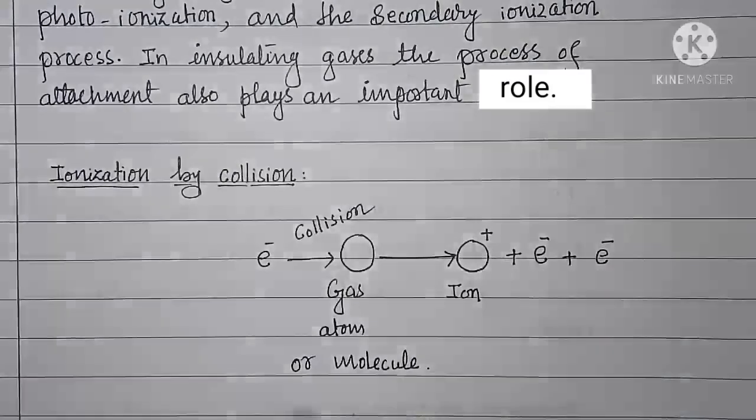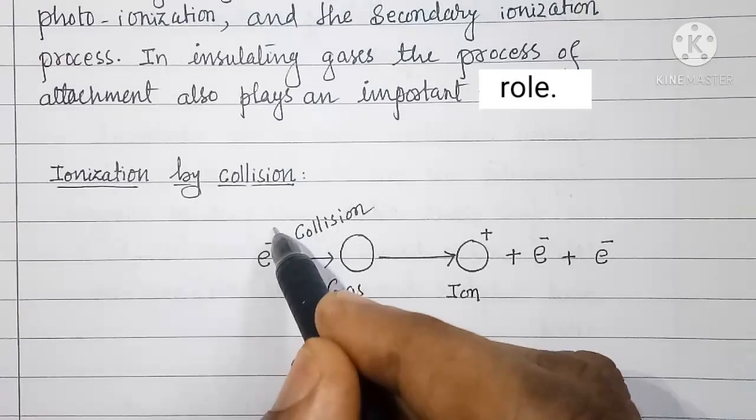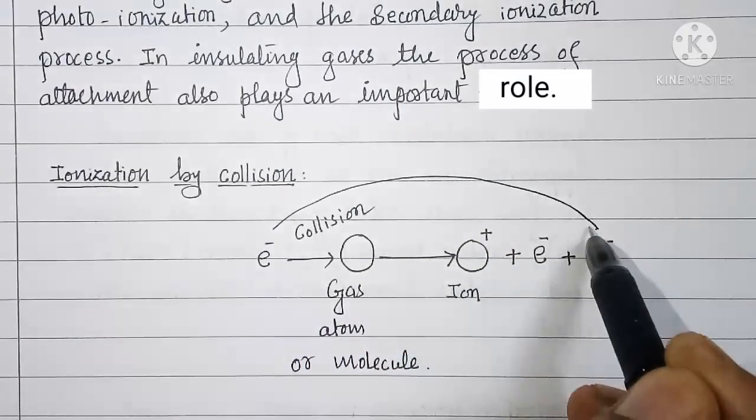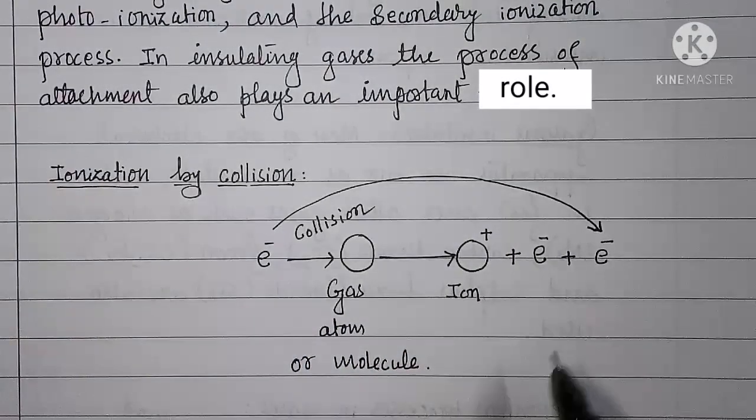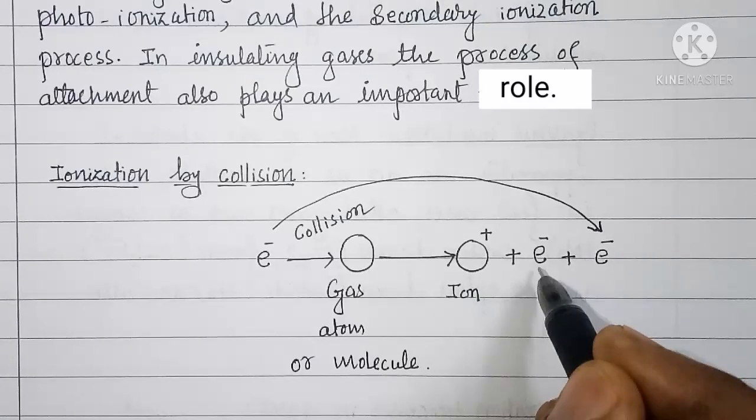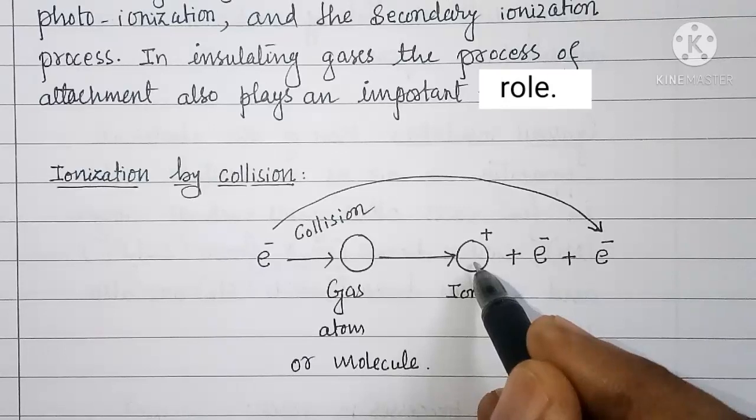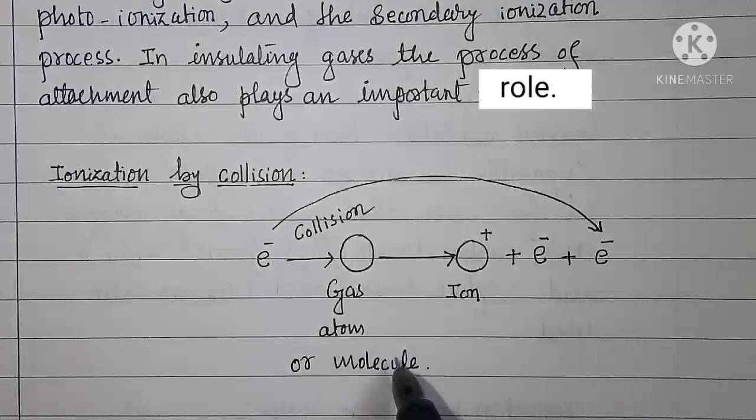Out of these two electrons, one electron is a free electron and another one is an electron dislodged from the gas atom or molecule.